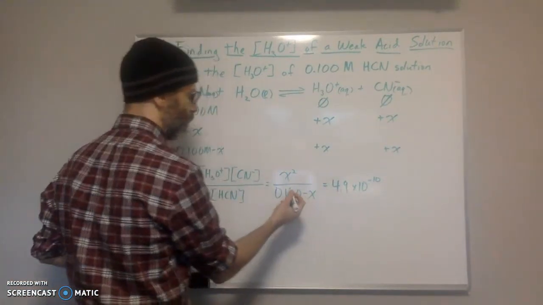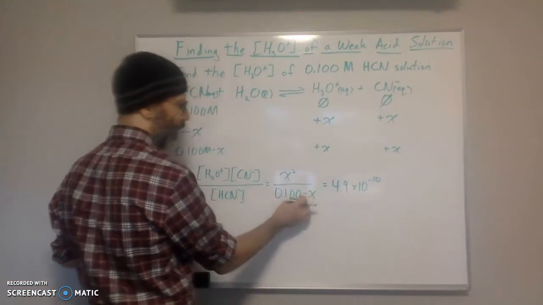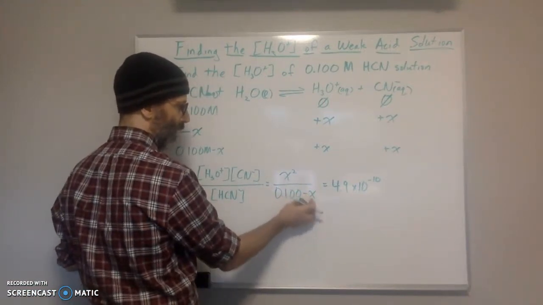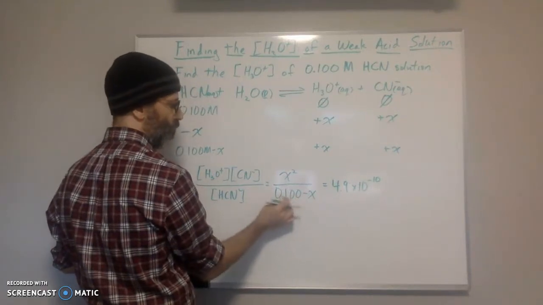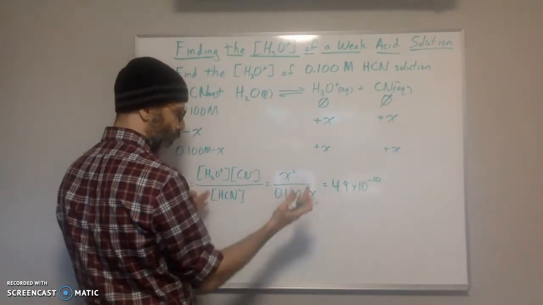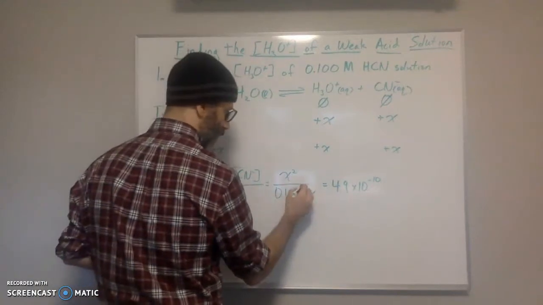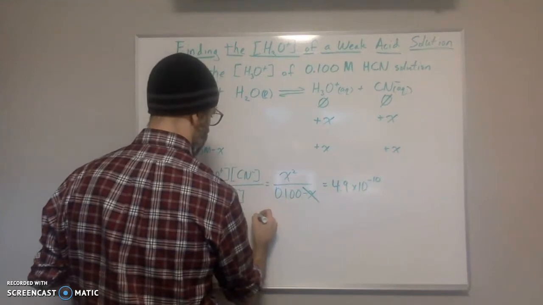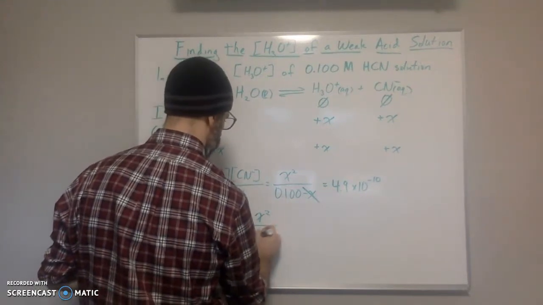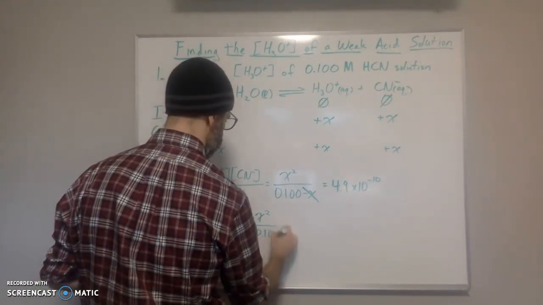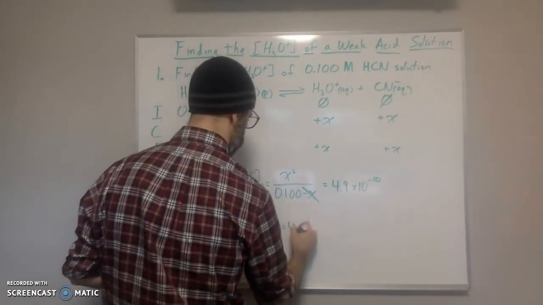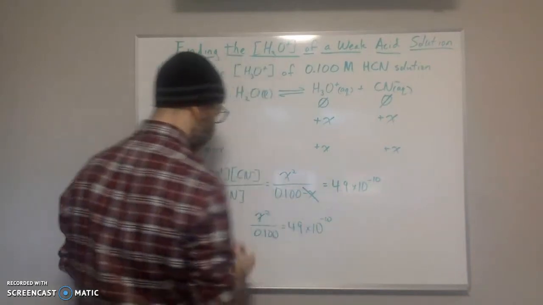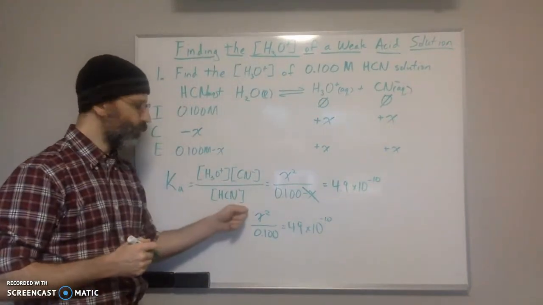So then what we do is we just say, well, x is so small, it's negligible, that basically even if you subtract out x, it's still pretty much 0.100. So why not just get rid of it and say, okay, we'll have x squared over 0.100 is equal to 4.9 times 10 to the negative 10. So then all you do is solve for x.